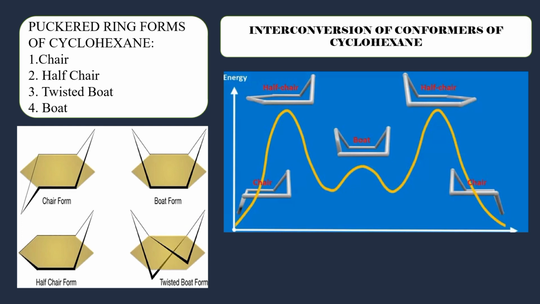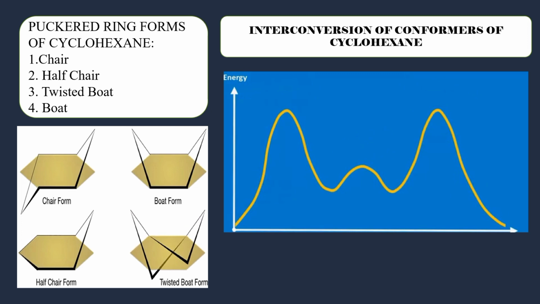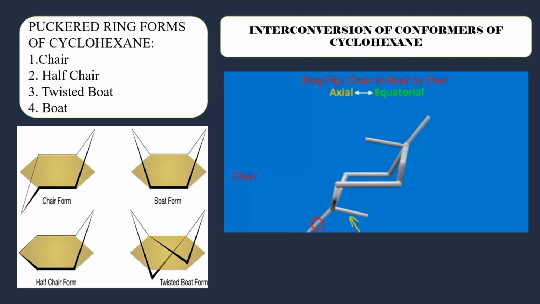We can visualize the interconversion of the different conformers of cyclohexane. Now from the chair form, this down carbon is slightly lifted up. Now it has become half chair. Now still it is being lifted. It goes through the twisted boat into the boat form.